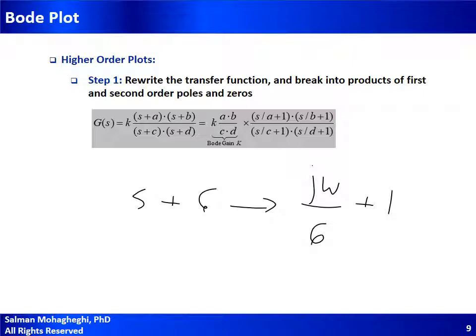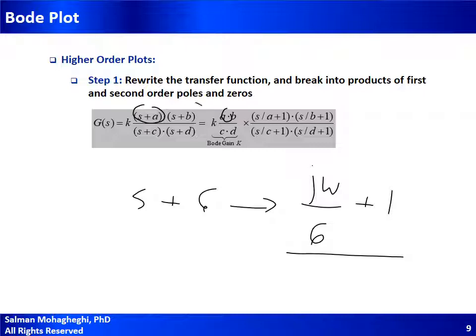In order to write it in this standard form, essentially I should take the first term, s plus a, multiply it by a, and divide it by a. The term that I multiply by, this a, I take it as part of the DC gain. Then I would divide this term by a, so that would be s over a plus 1.